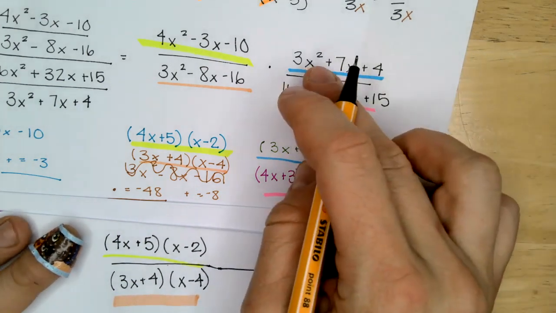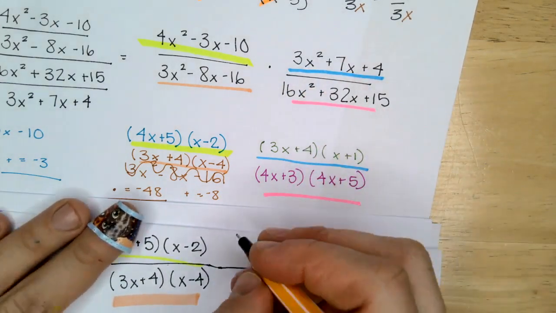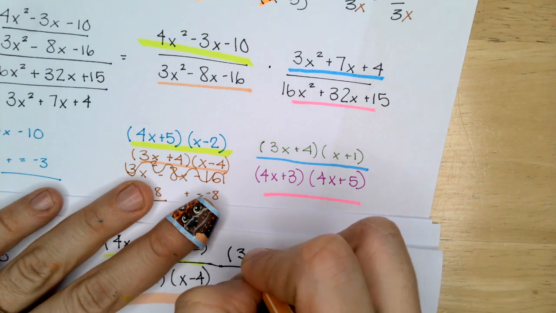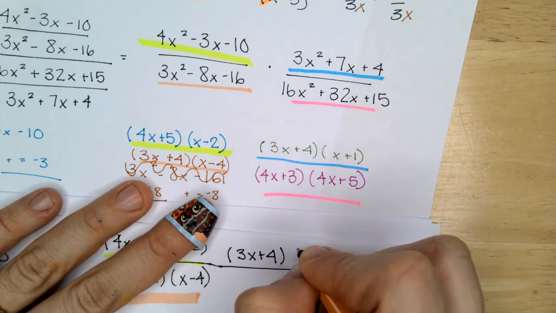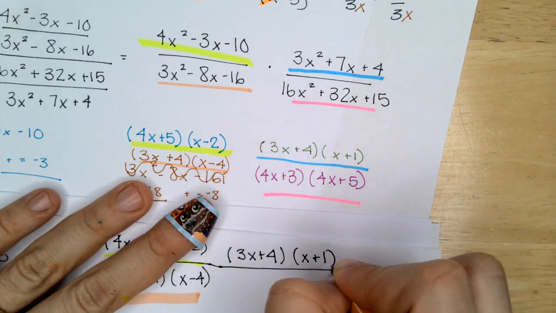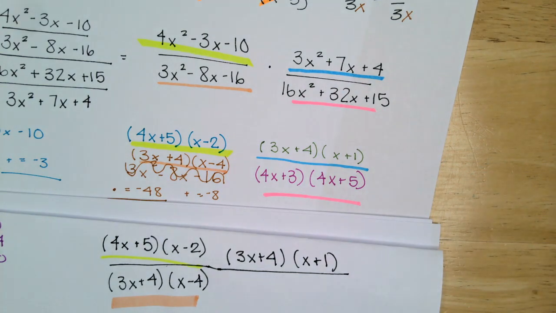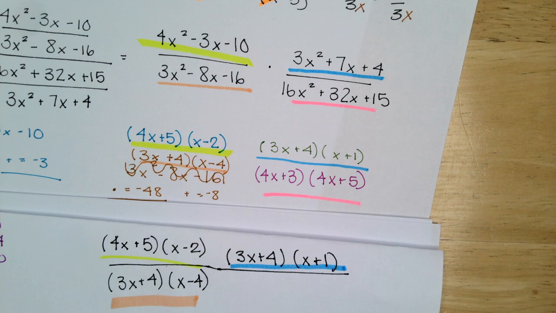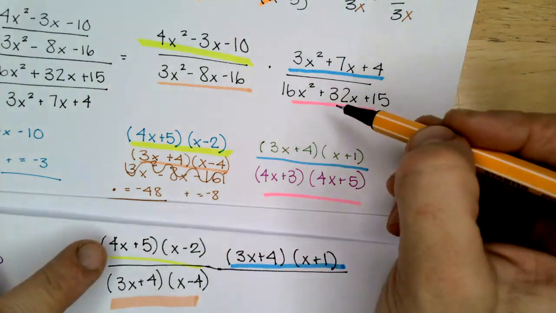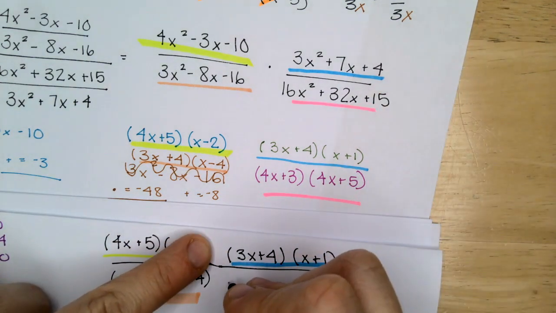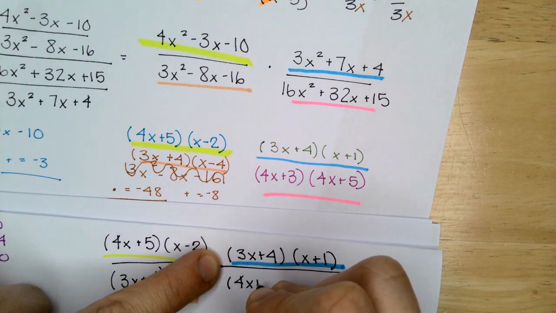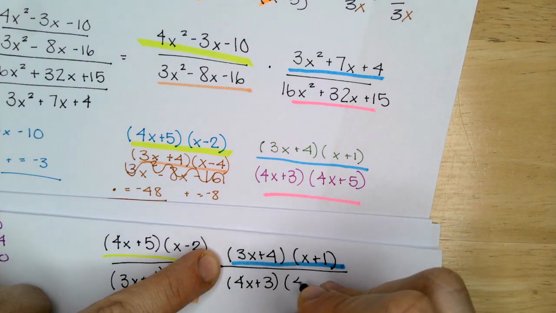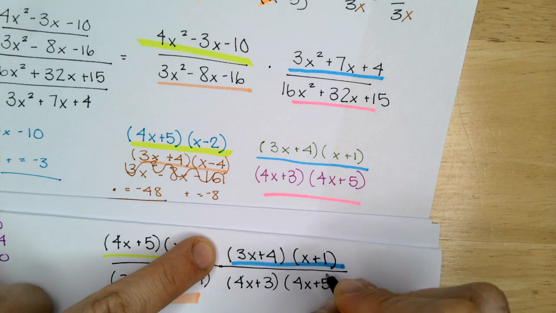Good. 3x squared plus 7x plus 4 became 3x plus 4 times x plus 1. That's that one. And then 16x squared plus 32x plus 15 became 4x plus 3 times 4x plus 5.